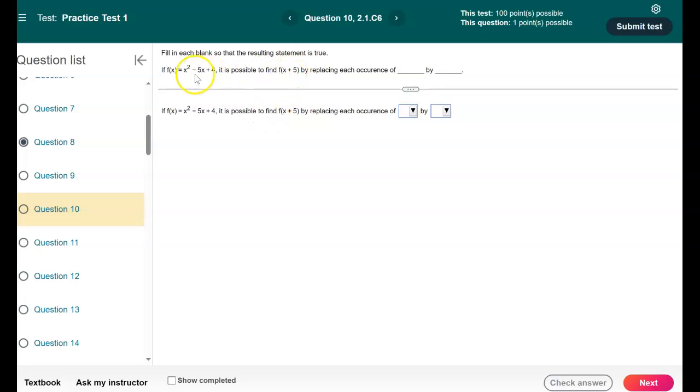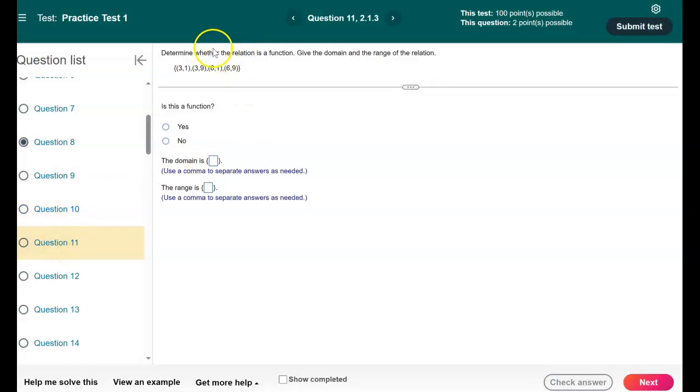So again, if you are given f of x and you want to find f of x plus 5, you can do that by replacing the x here in your f of x by x plus 5. So it's like evaluating the function at x plus 5.